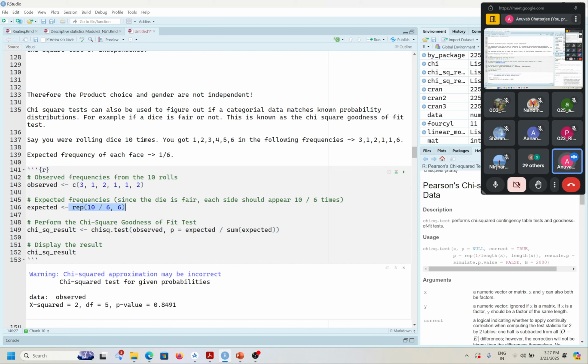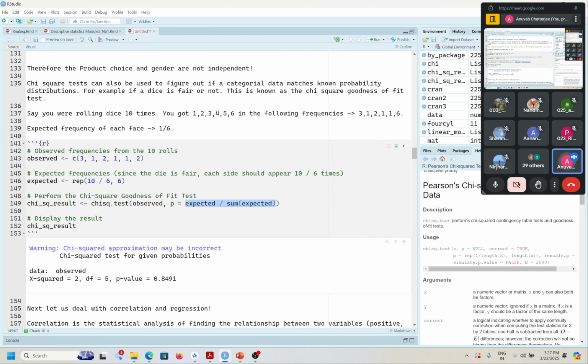When you run the chi-square, you have to run it with the observed frequencies and the expected frequencies. The expected frequencies will also come out to 1 by 6, 10 times, and then you display the result.